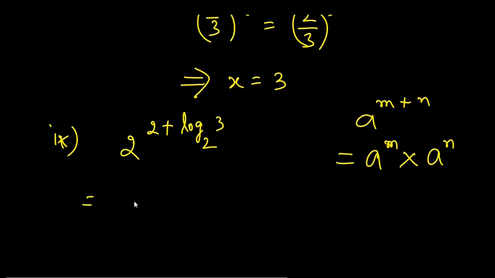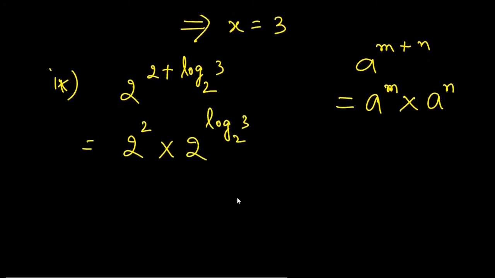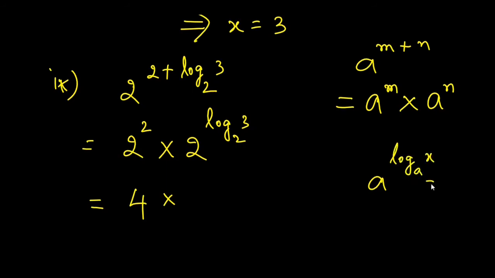So this becomes 2 power 2 into 2 power log 3 to the base 2. 2 power 2 is 4 into 2 power log 3 to the base 2. The a power log of x to the base a is equal to x. So here we get 3. This is equal to 12.